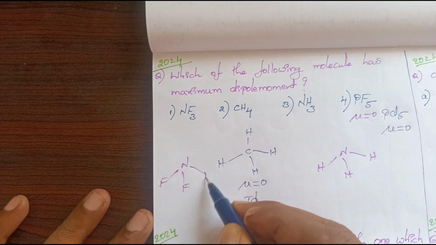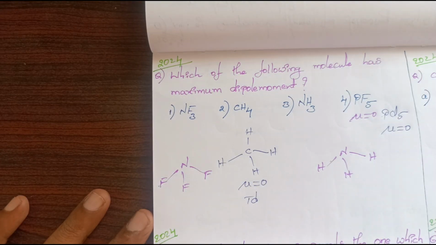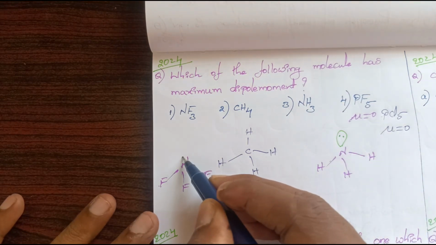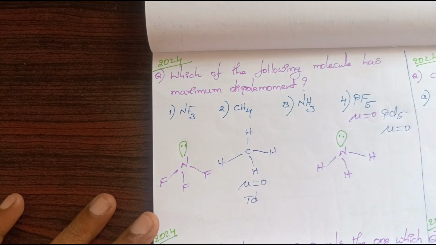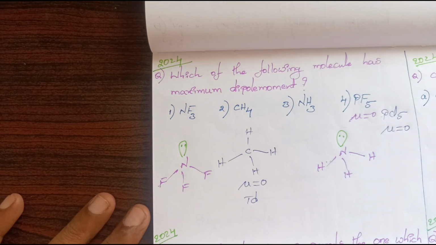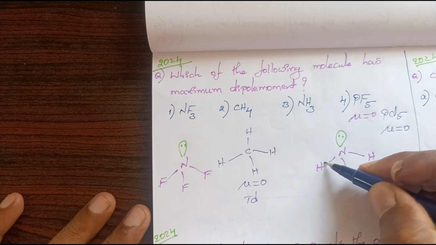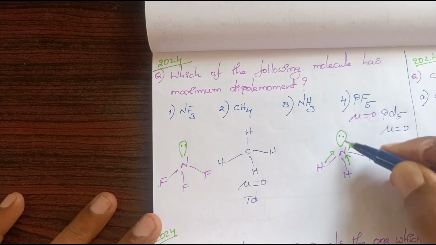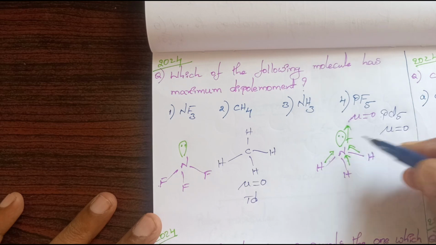But observe here, the nitrogen has a lone pair of electrons, and here also nitrogen has a lone pair. In ammonia, the sigma bonding electron density moves in only one direction, the nitrogen direction, the whole electron density in one direction.